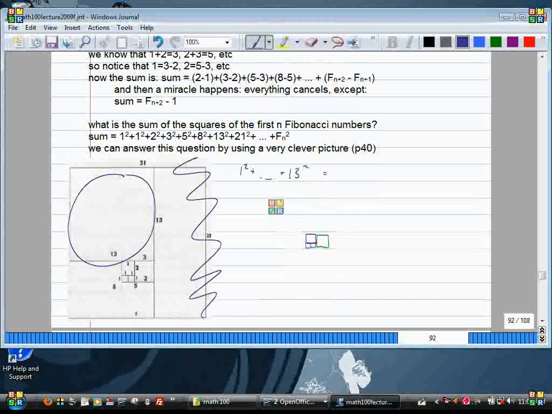It equals what? Well, what it gives you is this rectangle. Now, how big is that rectangle? What are the dimensions of the rectangle?